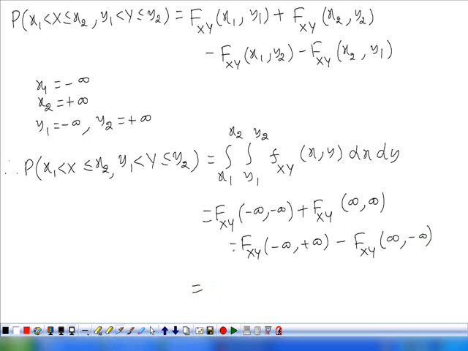Okay. So this is 0, this is 0 and this is 0. That is equivalent to 1. Therefore, this is the proof of the property, which indicates the volume under the joint PDF is equivalent to 1.